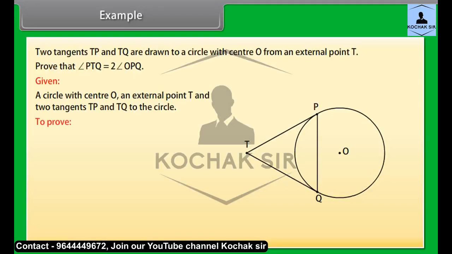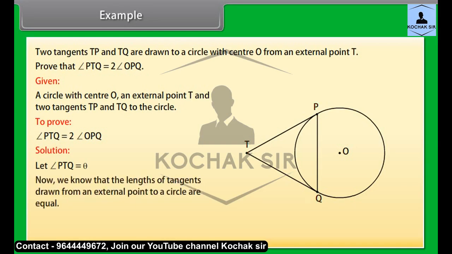We need to prove that angle PTQ is equal to 2 angle OPQ. Let angle PTQ be equal to theta. Now from the theorem of tangents we know that the lengths of tangents drawn from an external point to a circle are equal. Therefore, TP is equal to TQ.